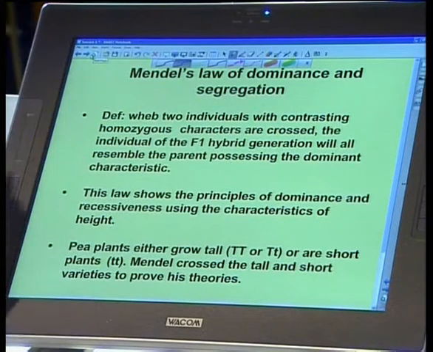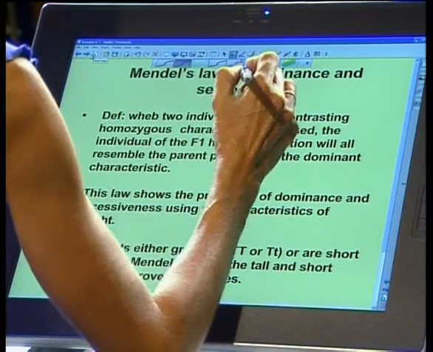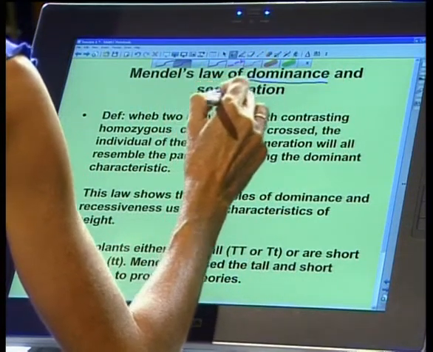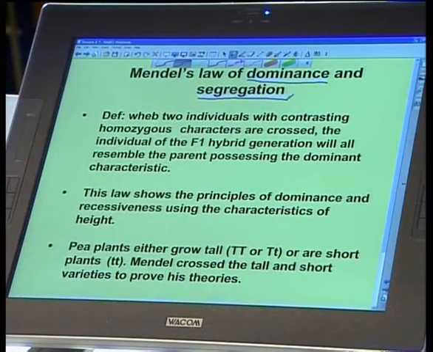Now, Mendel's law of dominance, please people, it's dominance and segregation. What he says here is that a dominant characteristic will be seen in the phenotype, in other words, the physical appearance, when it's homozygous dominant or when it is heterozygous.